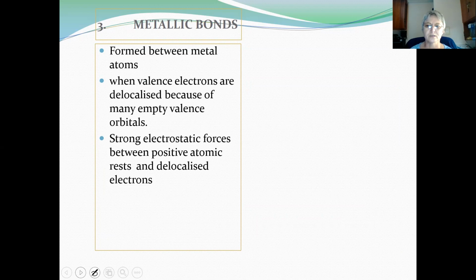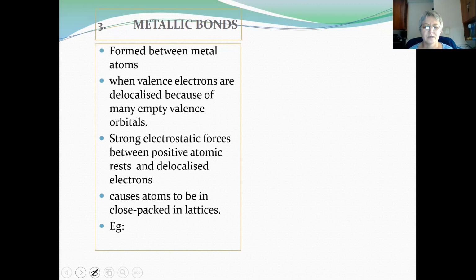Once again, because there are positive protons in the nucleus and the negative electrons, there would be strong electrostatic forces between the positive atomic kernels and the delocalized electrons. And this causes the atoms to be close packed in lattices. Examples are your copper, your zinc, your iron. Any metal compound has its atoms joined together by very strong electrostatic forces.